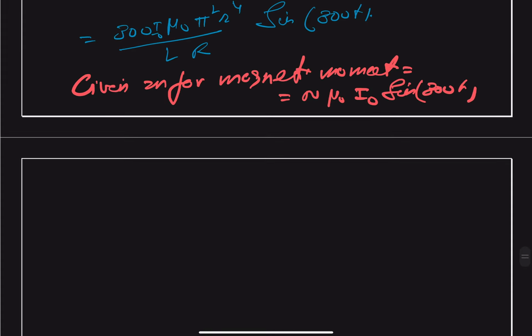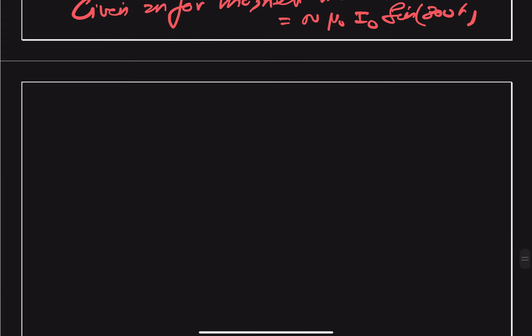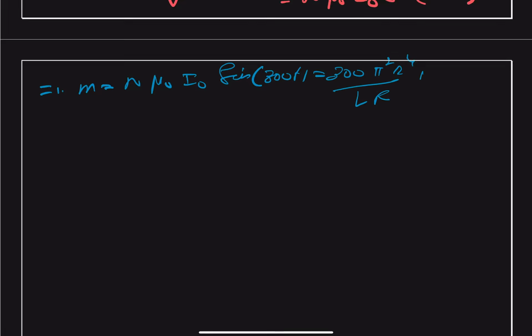So we can equate them one to one. The magnetic moment n mu naught I naught sine of 300t is equal to 300 pi square r to the power 4 divided by LR times mu naught I naught sine 300t.